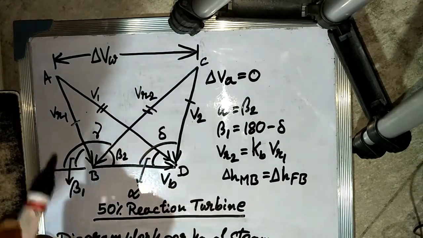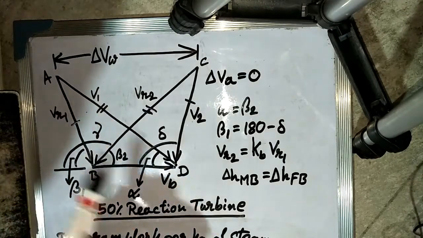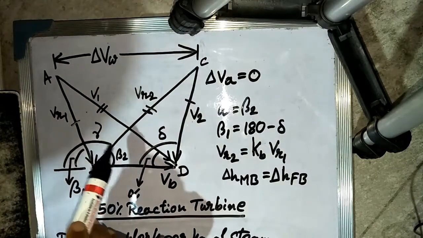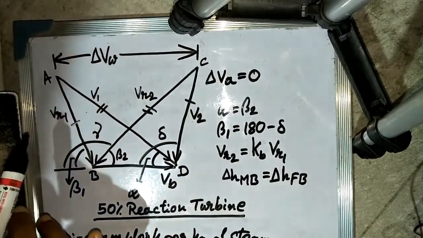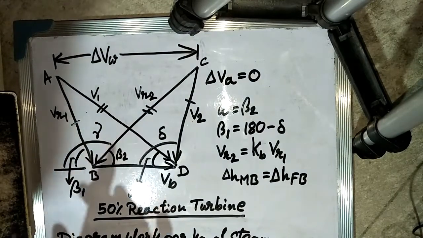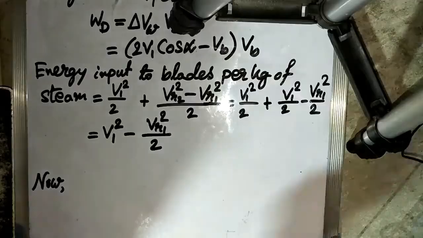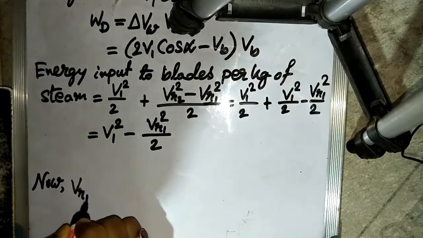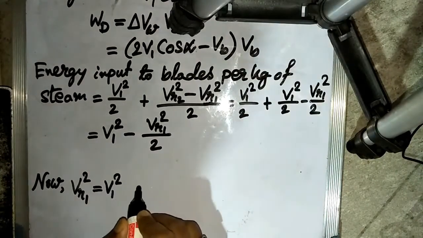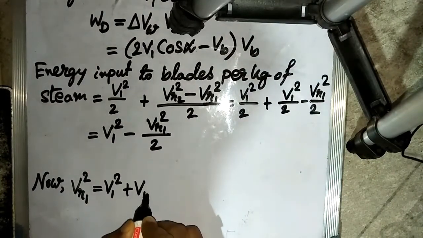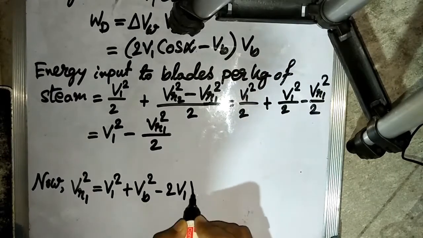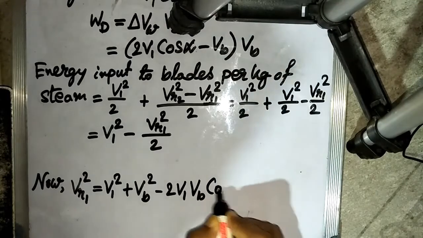If we consider VR1 as a resultant vector, from the vector triangle law we can write VR1 square is equal to V1 square plus VB square minus 2 V1 VB cos alpha.